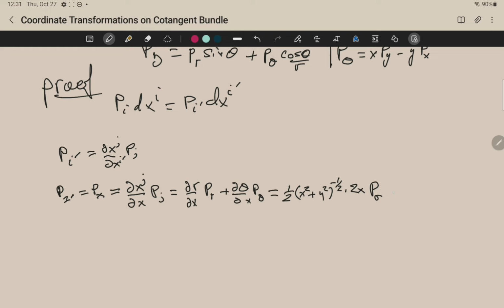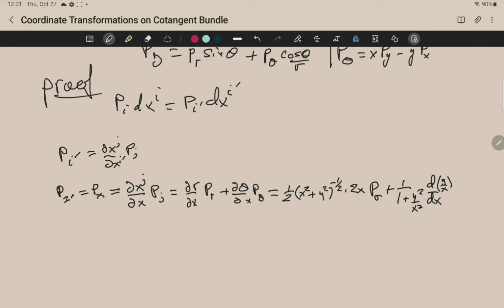Then for P theta, the partial of theta with respect to x is 1 over 1 plus y squared over x squared, times the derivative of y over x with respect to x, which picks up a minus sign.